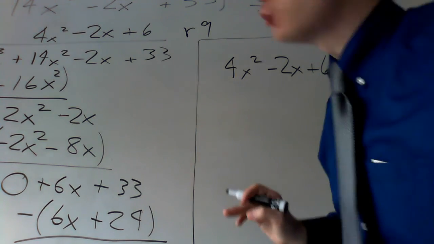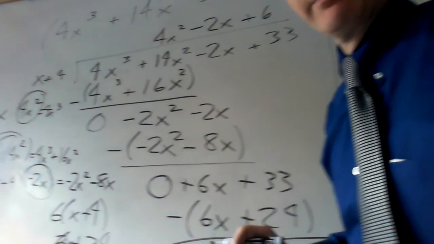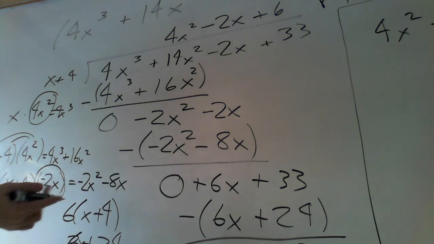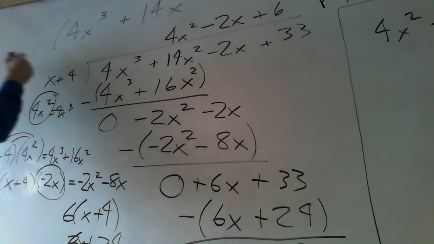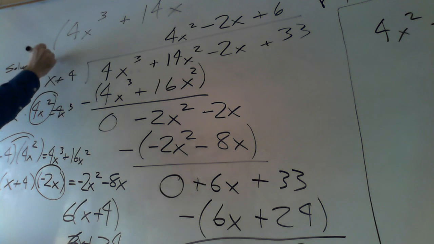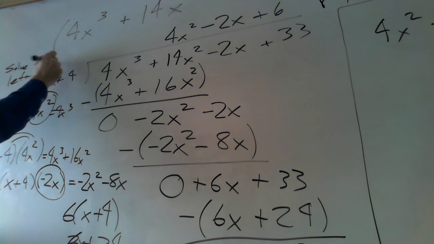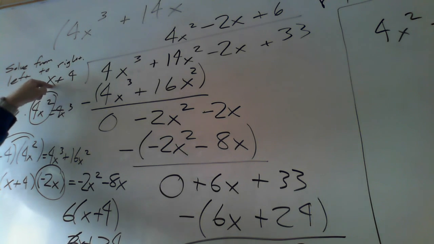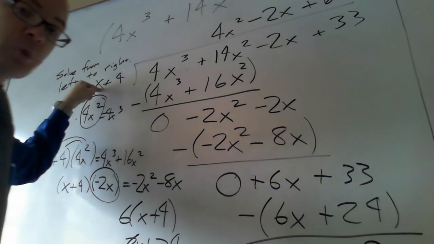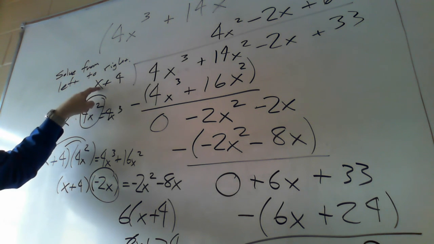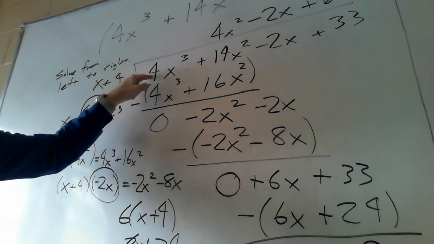Again, I know it looks like a lot, but once you practice with it a little bit, it's really no big deal. The key is to solve from left to right. Find out what will make the highest order variable term in your divisor equal to the furthest term on the left here.